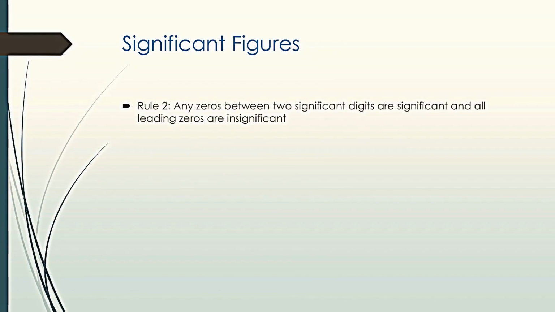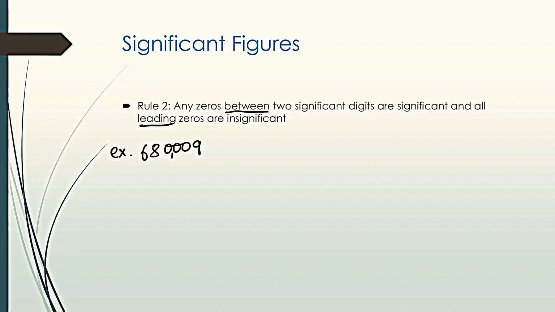Now the problem really comes when we encounter zeros. Zeros are notorious for causing confusions, so it is extremely important that we get this right the first time. Rule number 2 says any zeros between two significant digits are significant, and all leading zeros are insignificant. I'll talk about what leading zeros are in a second, but let's talk about the first part of the statement.